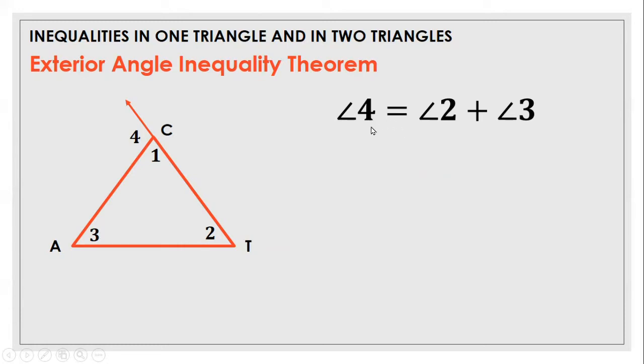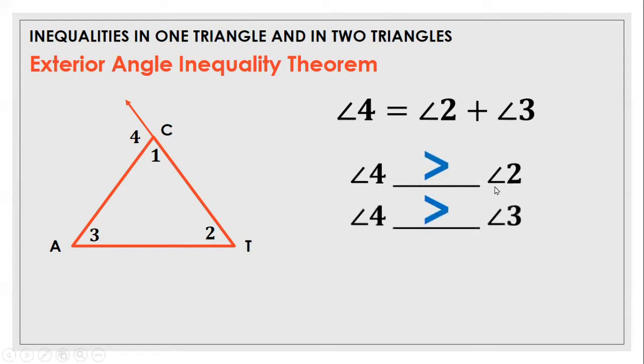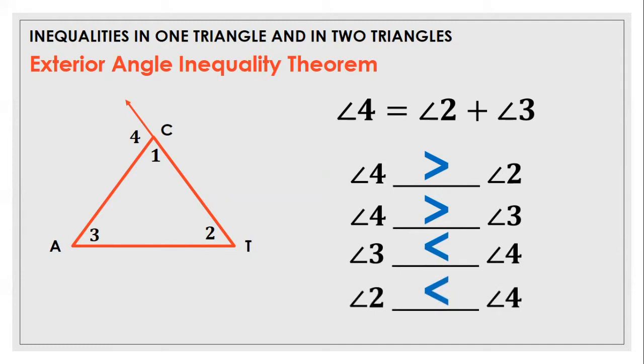So, we have angle 4 equals angle 2 plus angle 3. Sabi nga sa ating theorem, mas greater si exterior angle. So, angle 4 is greater than angle 2. Angle 4 is greater than angle 3. Angle 3 is less than angle 4. Angle 2 is less than angle 4, based sa ating exterior angle inequality theorem.